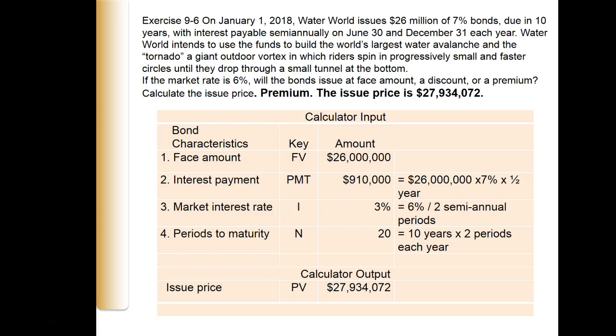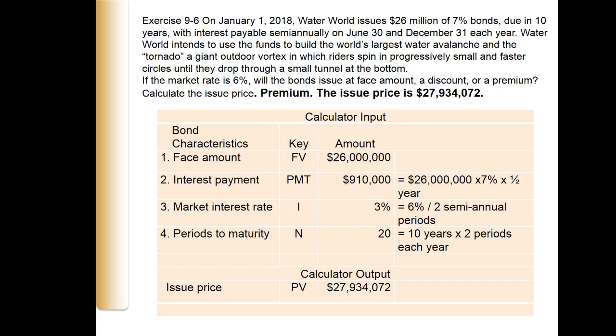Let's look at exercise 9.6. On January 1st, 2018, Waterworld issues 26 million of 7% bonds due in 10 years, with interest payable semi-annually on June 30th and December 31st each year.